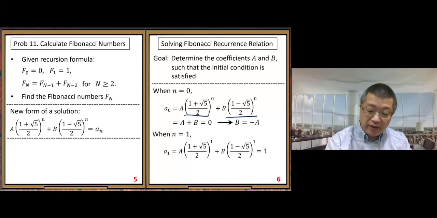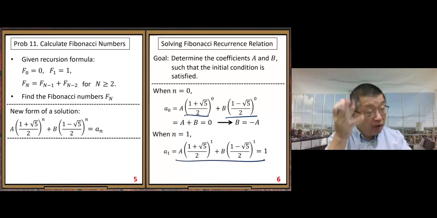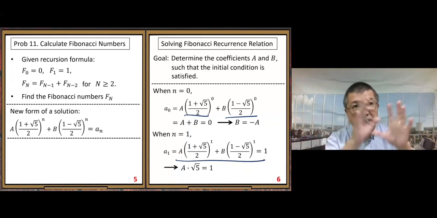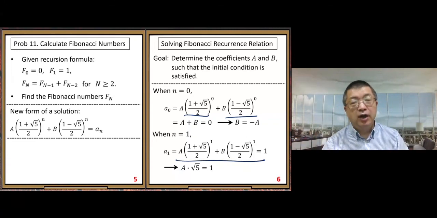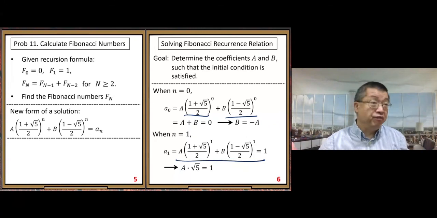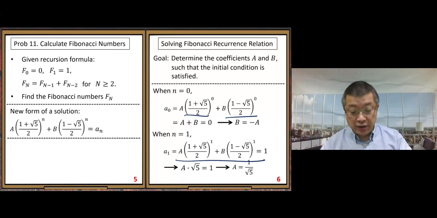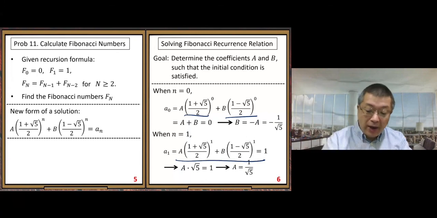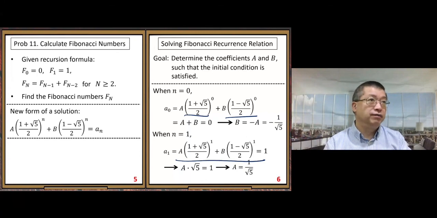But the expression, we can simplify it first. After we combine the terms in the parentheses and simplify, we get A times root 5 equals 1. So that means A equals 1 over root 5. Then B equals negative 1 over root 5.